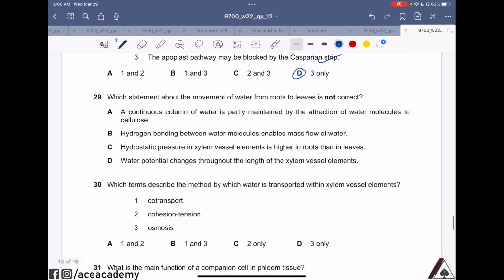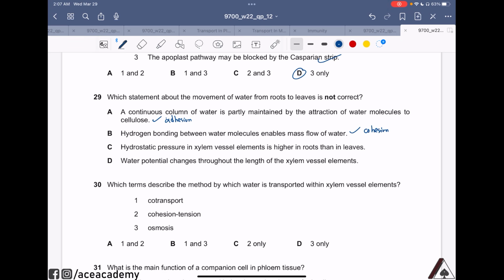Number 29. Which statement of the movement of water from the roots to the leaves is not correct? A continuous column of water is partially maintained by the attraction of water molecules to cellulose and also lignin. Yes, this is called adhesion. Hydrogen bonding between water molecules enables mass flow. Yes, this is called cohesion.